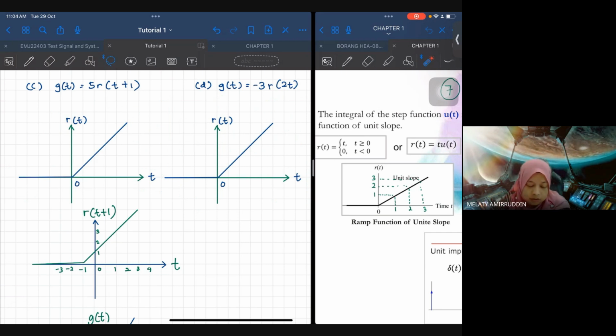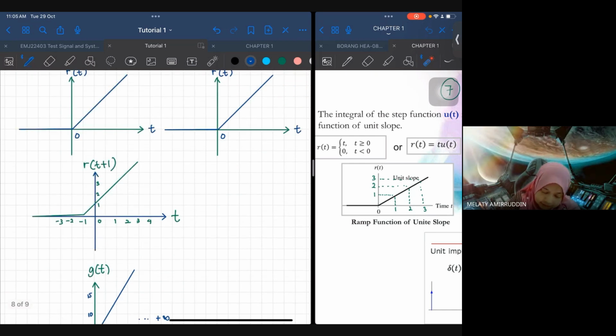Okay, and then 2T. 2T means that you need to make it compress. Okay, divide. So draw again.